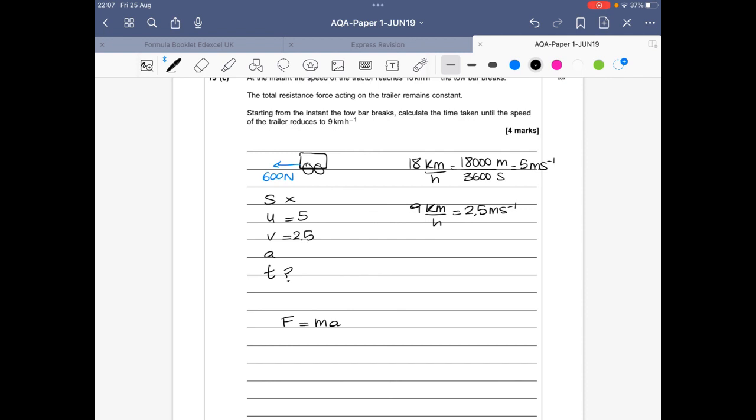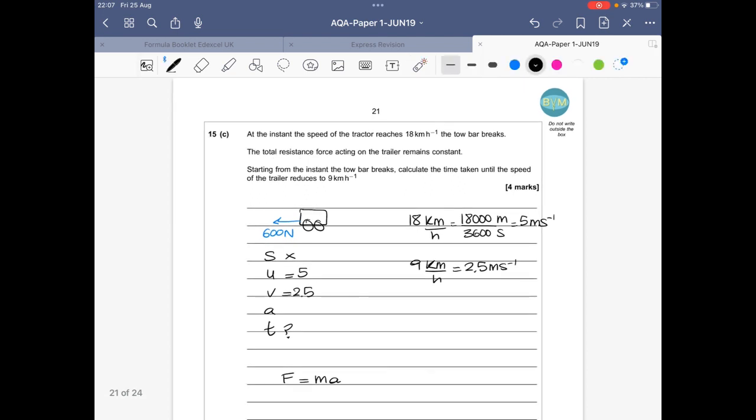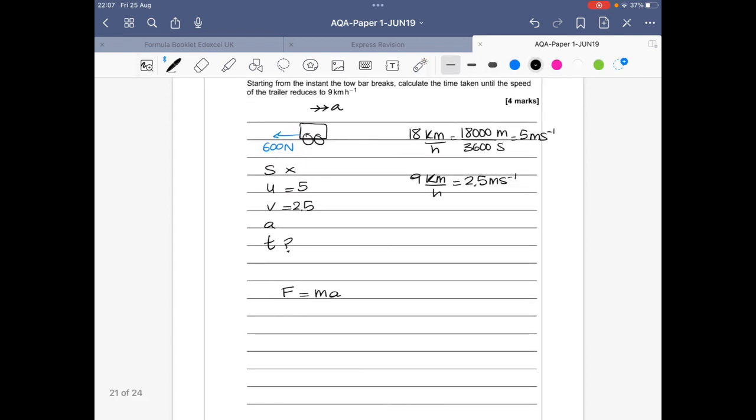Remember this thing is moving to the right. The resultant force is minus 600 because it's against the direction. The mass of the trailer, we said it was 10,320, times the new acceleration.